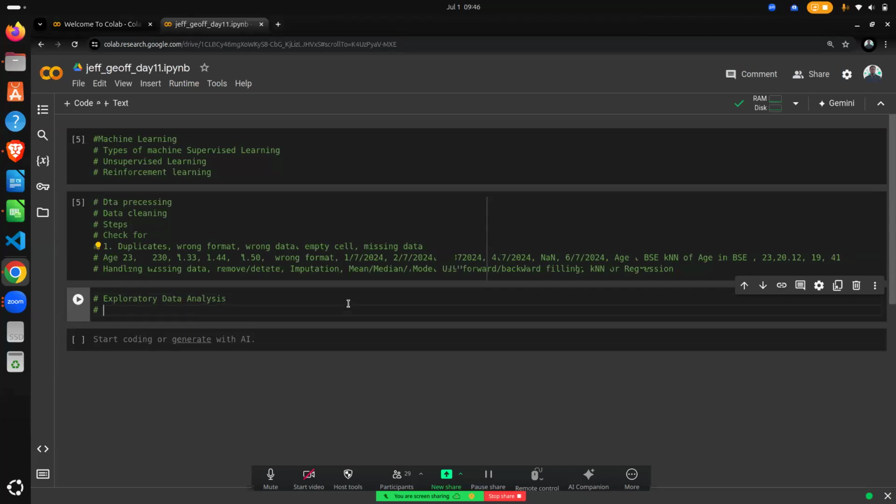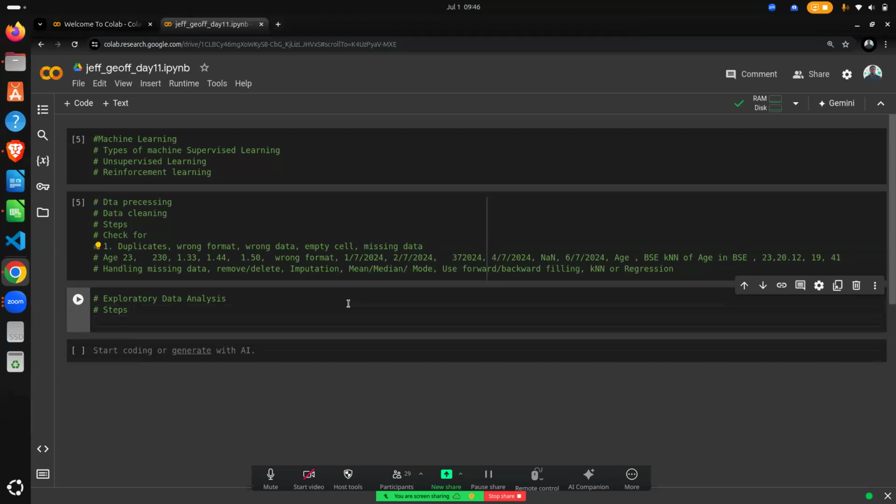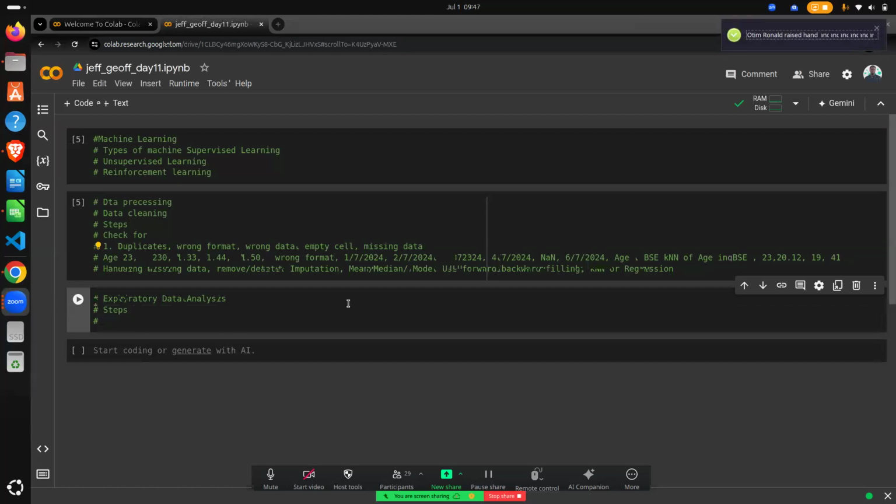I'll try to talk about a few things so that you understand it. Step one: there are several steps that you need to know when you're dealing with exploratory data analysis. This is when you have to go back and bring your knowledge of statistics.